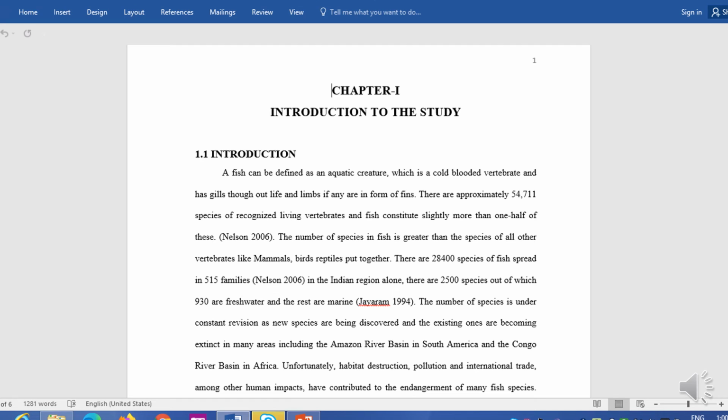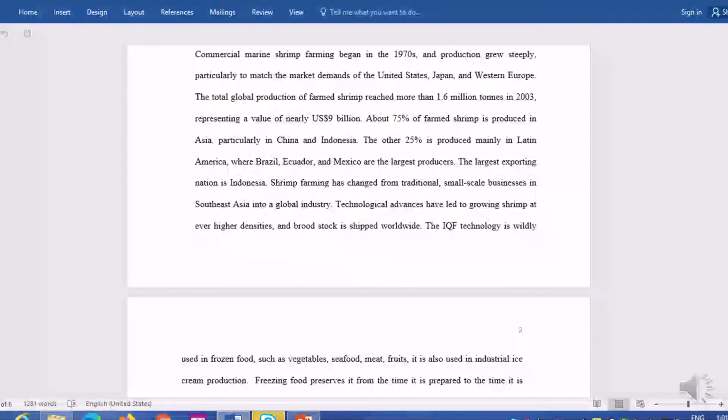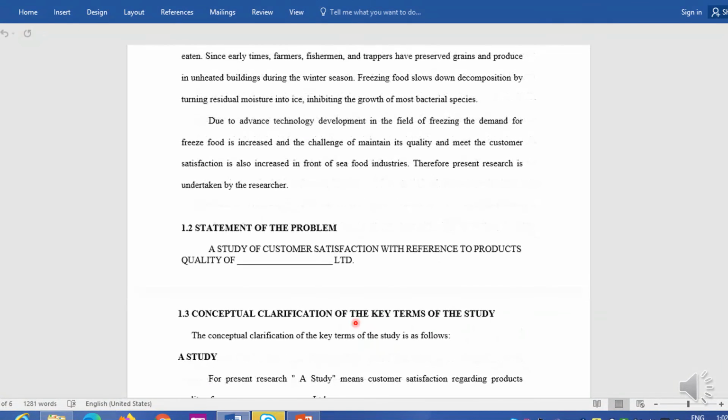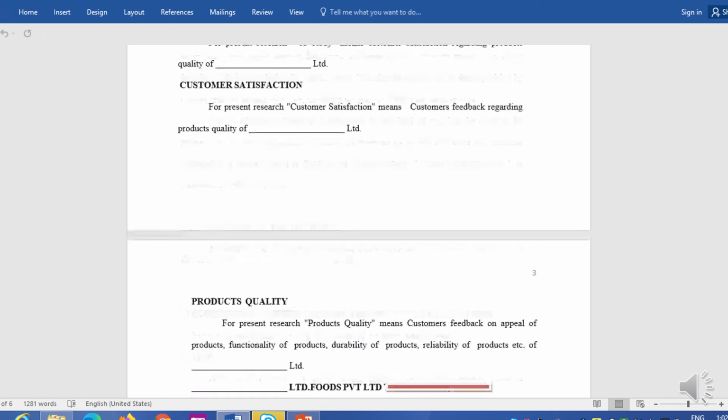After giving the introduction, he has given the statement of the problem and proper conceptual clarification of the key terms of the study, such as customer satisfaction, product quality, etc.